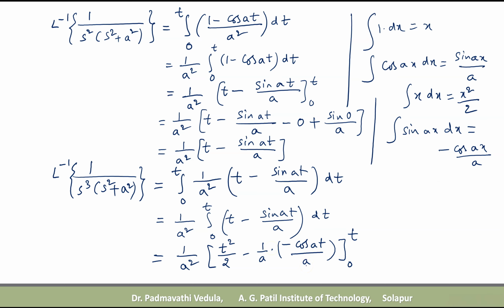Now we have to apply limits. First apply the upper limit. When you apply the upper limit, no change, we get 1 by a square into t square by 2, here minus into minus plus cos at upon a square, minus the lower limit. When you put t equal to 0, you get 0 by 2 minus cos 0 by a square.